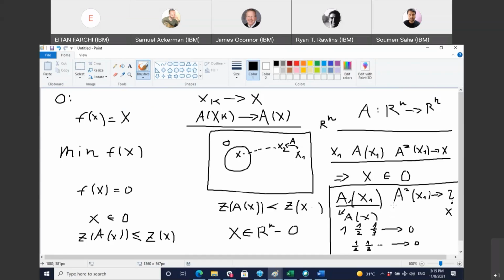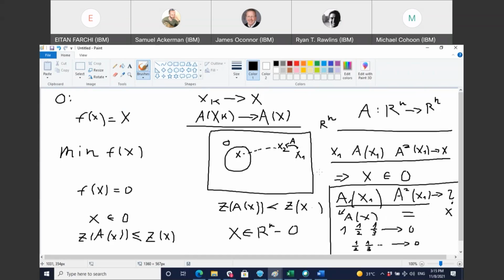They're equal. You can't have two limits. There's only one limit to a series, if there is one. So it turns out that AX equals X.